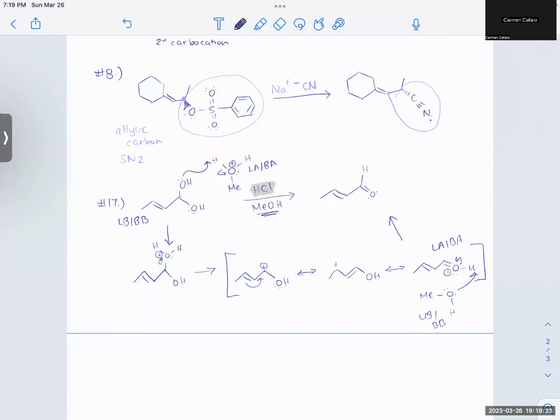I have a quick question about this one. Sure. Why isn't it grabbing the hydrogen that's attached to the chlorine? Why is it going to the methanol? HCl is a very strong acid. So when you put these two things together, before you even mix it with this, these two things have already been added.